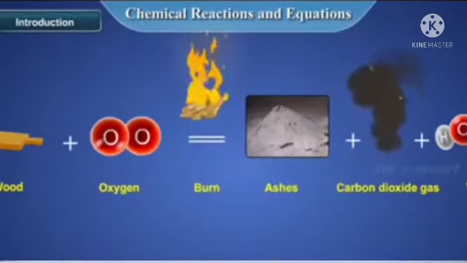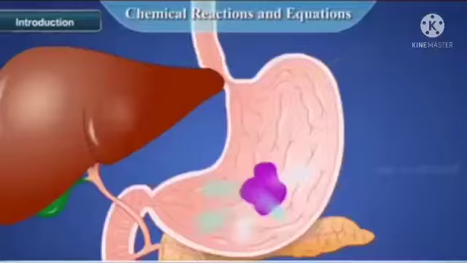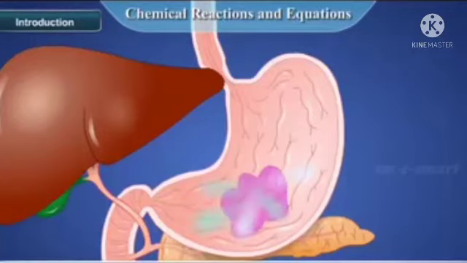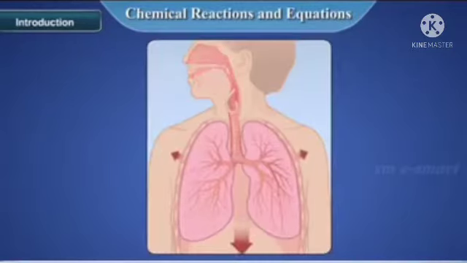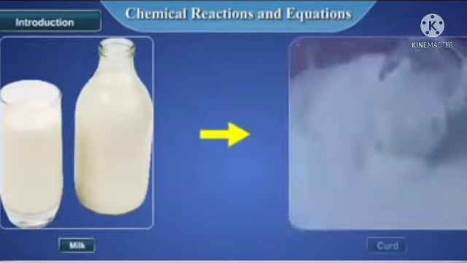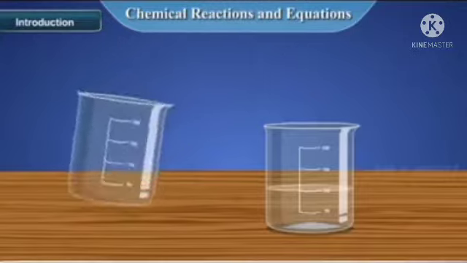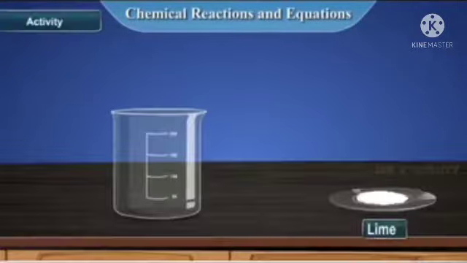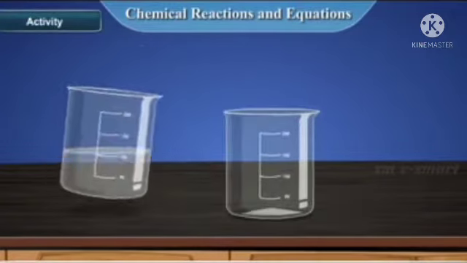The reactions taking place during the occurrence of these processes: coal is burned, food gets digested in our body, an iron nail is exposed to humid atmosphere for a long time, we respire, milk is converted into curd, water is added to quicklime, crackers are burned. Activity: take about 1 gram of quicklime in a beaker.